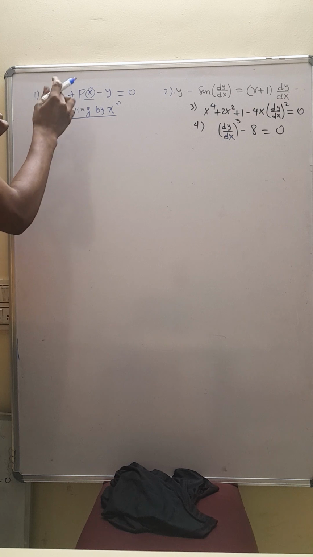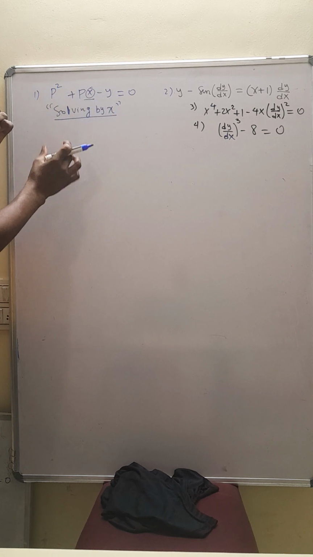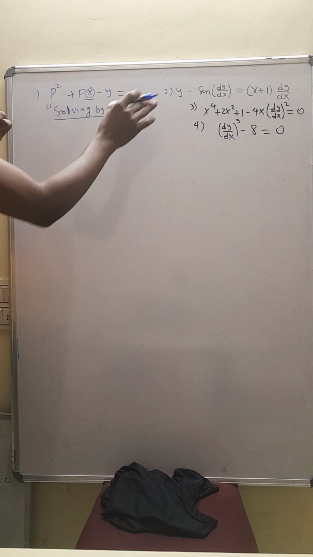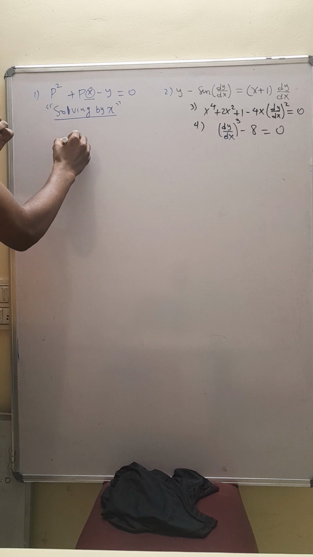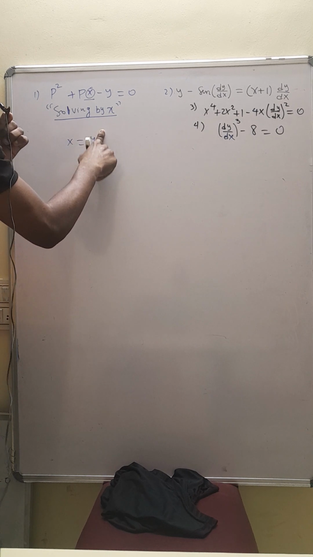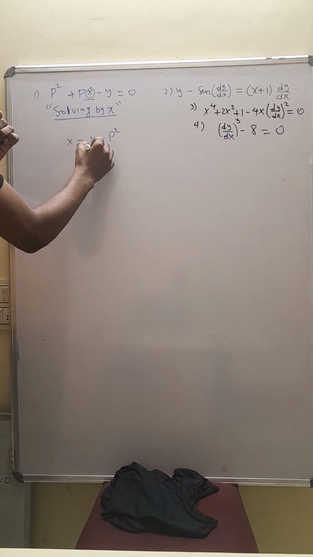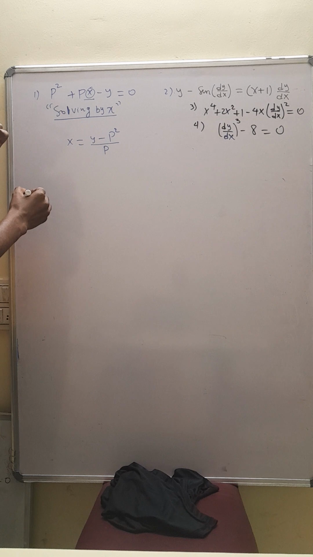Then p and y will be variables and the function will be x. So you get something like this: x will be equal to y minus p squared, all upon p.